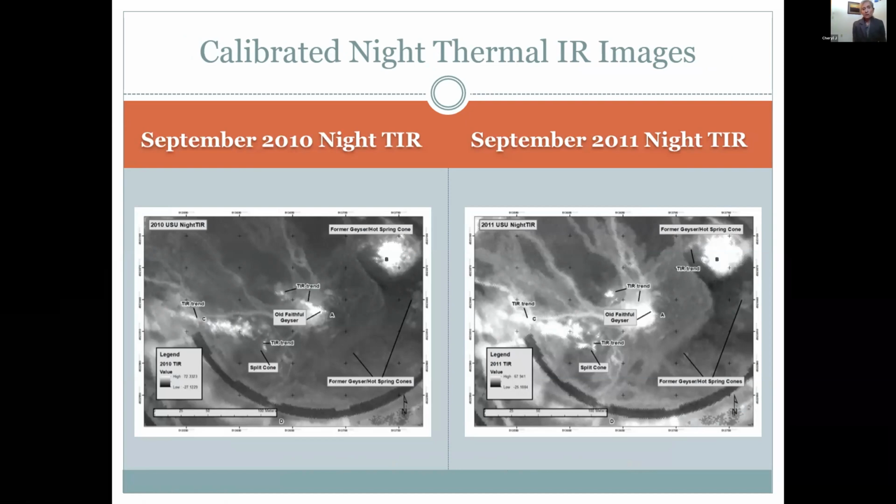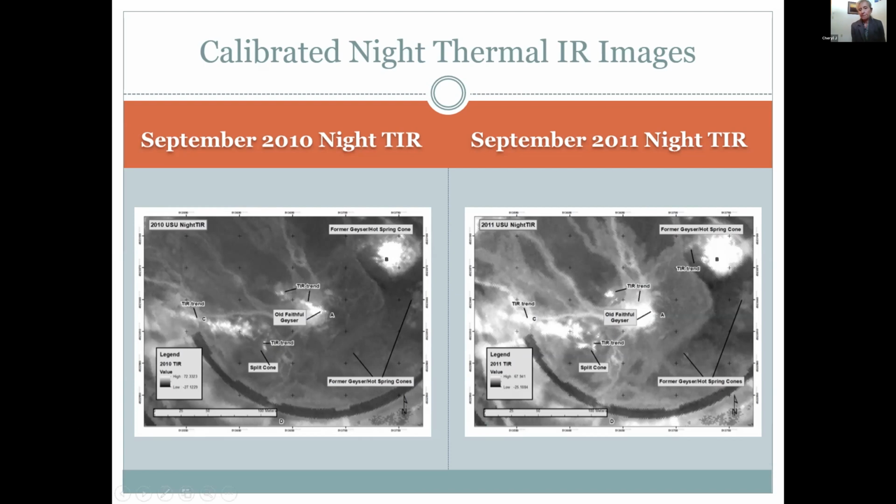One of the things you can do when you have a series of calibrated night thermal IR images is to look for patterns and changes from one year to the next. On the left, you'll see a September 2010 night thermal IR, and I'll call your attention to two linear trends near Old Faithful Geyser that trend west-northwest to northwest.